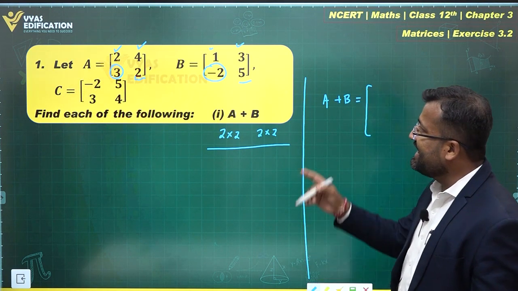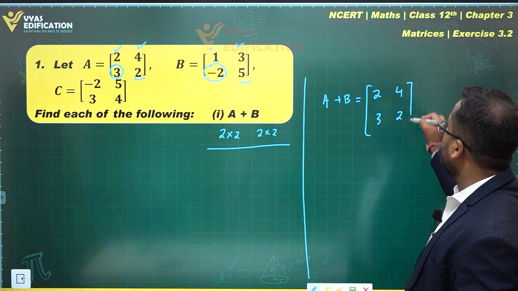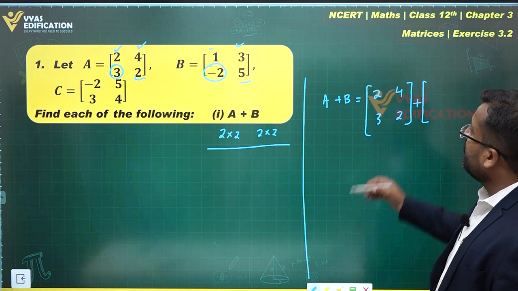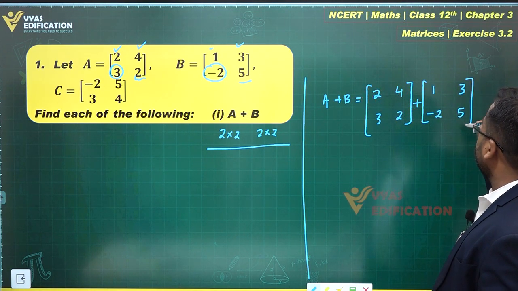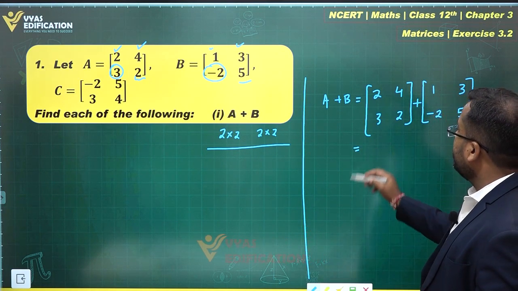This can be written as A is 2, 4, 3, 2 first of all, and matrix B, as you can observe, is 1, 3, minus 2, 5. Addition of these two matrices is very simple.